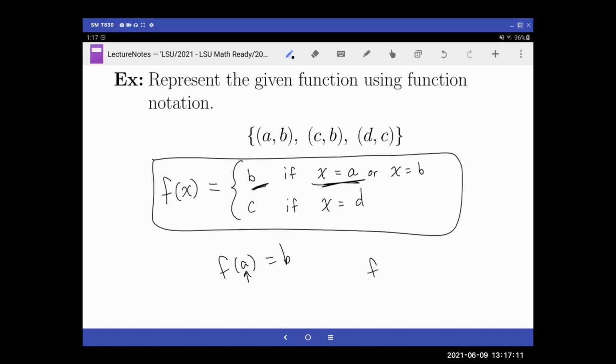What is f of c? Oh, wait, I messed that up. That should be a c, right? We don't have x being b anywhere. It's a and c, so that should be a c. Okay, f of c. Well, when x is c, y is b. And so this is where we get those ordered pairs.